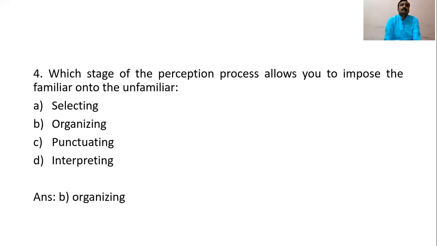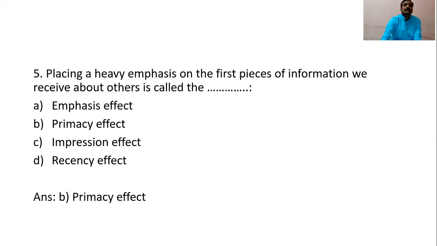Obviously, organizing is the stage where you impose the familiar onto the unfamiliar. The answer is organizing. Placing a heavy emphasis on the first pieces of information we see about others is called: emphasis effect, primary effect, impression effect, recency effect. Obviously, the first piece of information is nothing but the primary effect. The answer is primary effect.